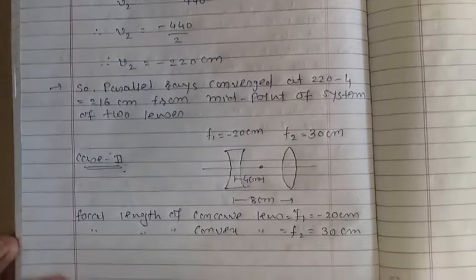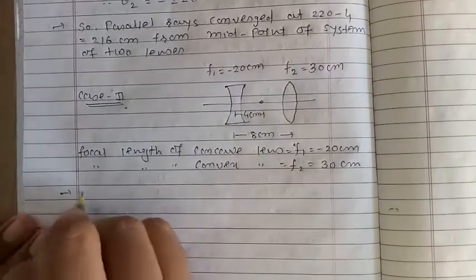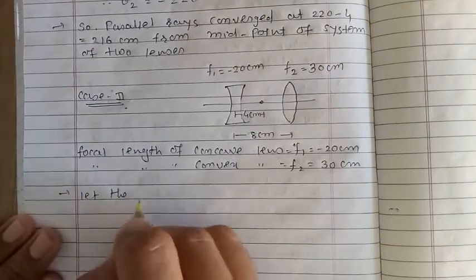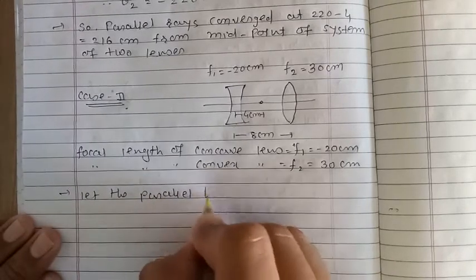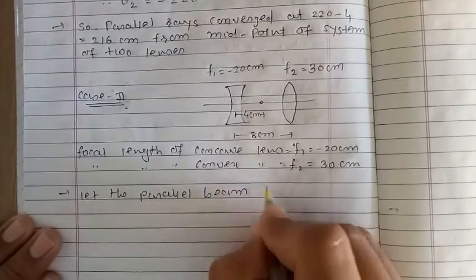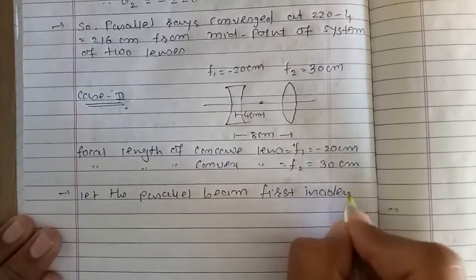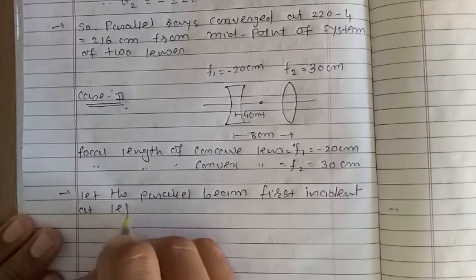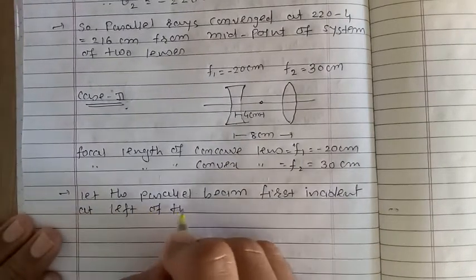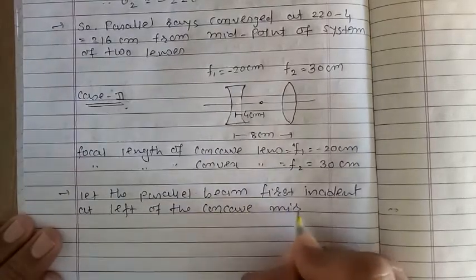Now we know that a parallel beam of rays is incident on our first lens, which is concave. So we can write, let the parallel beam first be incident on the left of the concave lens.